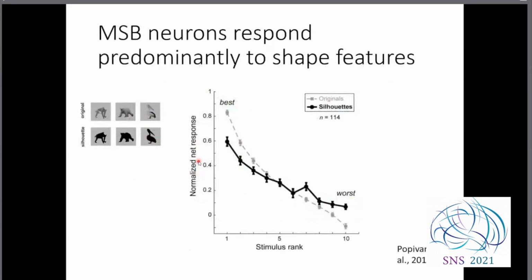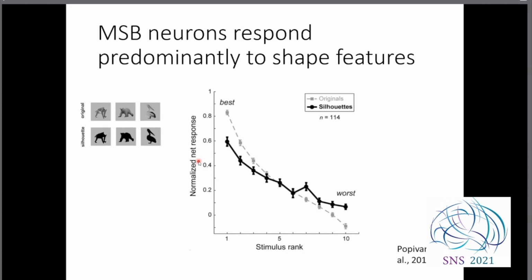Now, an important question was, what are the stimulus features that these cells respond to? Based on all the results I showed you so far, one could infer that there must be features that are common in images of bodies and less common in images of non-bodies, like faces or everyday objects.